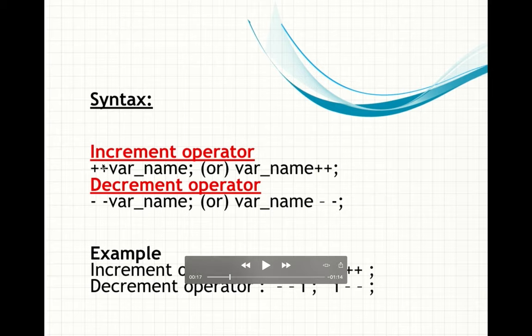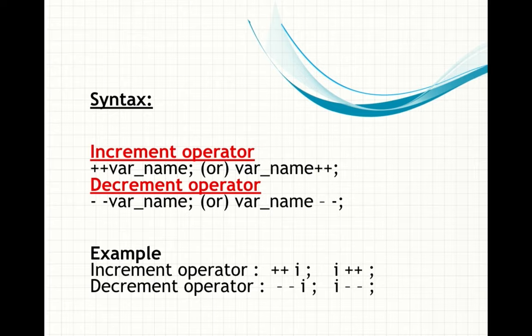So when you go by prefix, I can say the increment operator is actually a unary operator, meaning it has only one operand. That is, you can see plus plus is the pre-increment operator followed by the variable name, which is the operand. Say for example, if I say a plus b, now plus is a binary operator because it requires two operands, a and b.